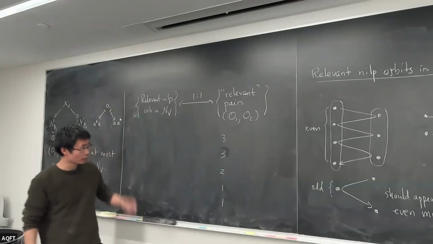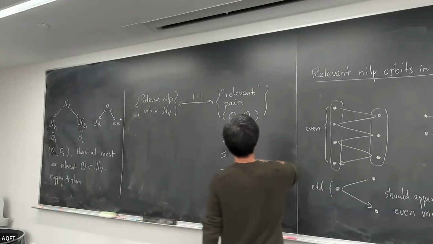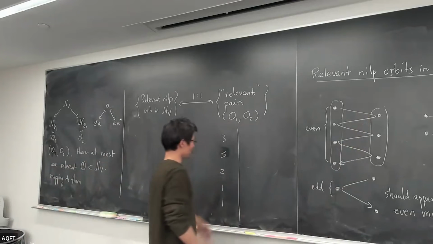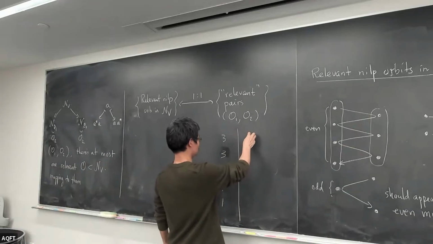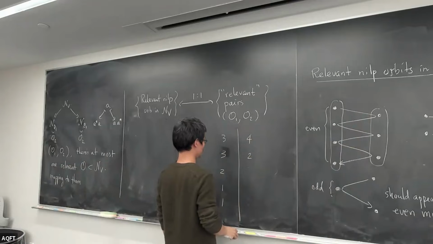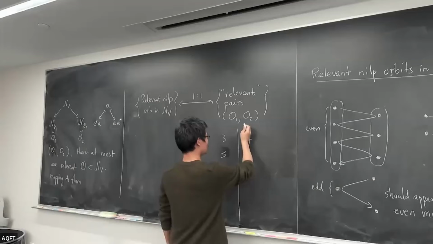So that's an example. And the Jordan type of O1, the Jordan type of O2, that's again some partition of 2 and 2. 4 has to appear twice.